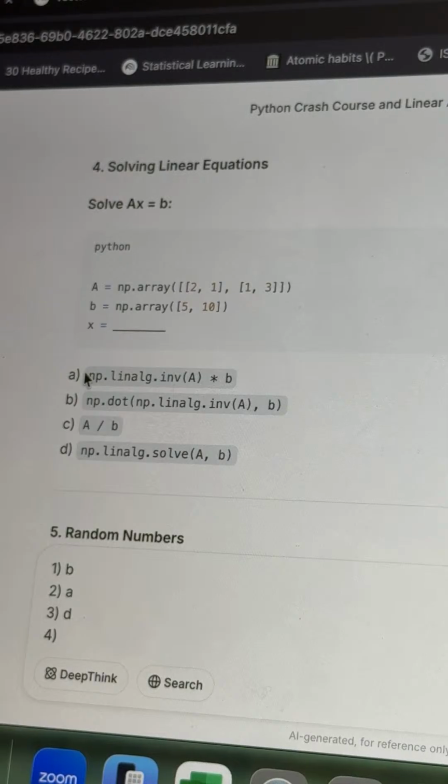Because you're doing the dot product when you don't need to be doing the dot product. B times transpose of A is not the dot product. It's just this multiplication right here. So I'd say that's A. If I still get it wrong, this is all yapping for no reason.